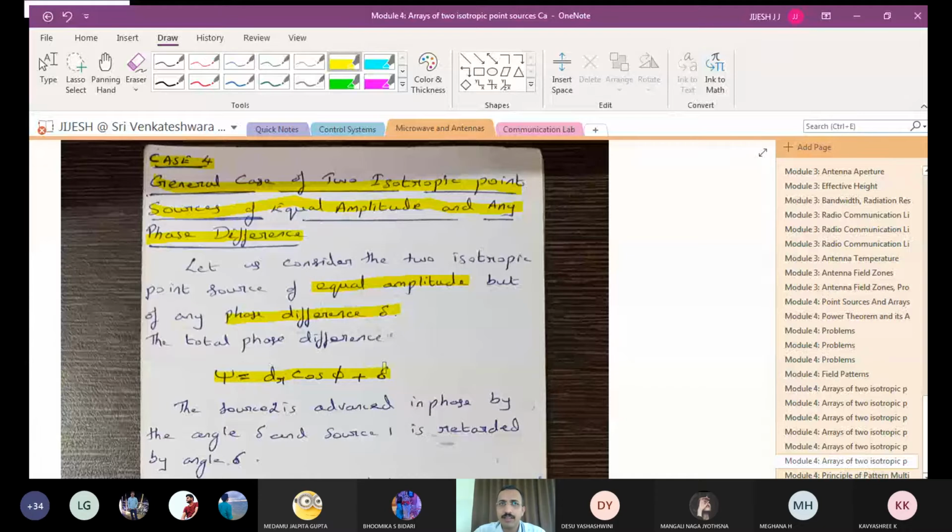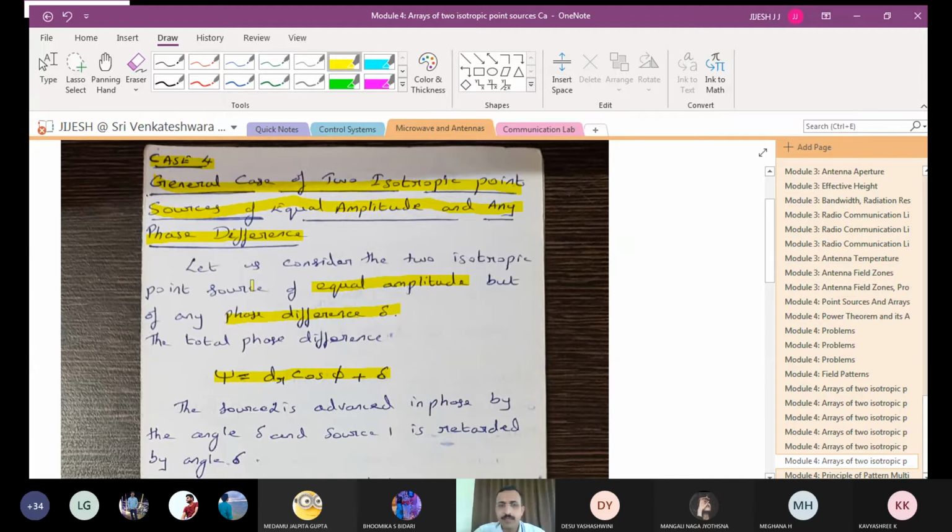It can be in phase, out of phase, in quadrature or anything. We are just writing a general representation for two isotropic point sources. So this case 4 can help you identify case 1, 2 and 3. It is a combination of those. We are going to see all those things further.